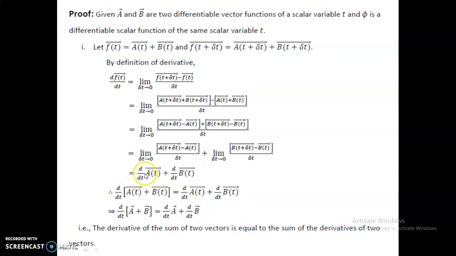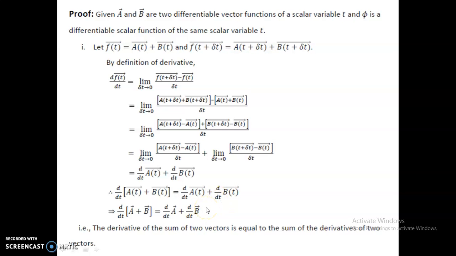And that means what? This f of t is a of t plus b of t. So the differentiation of the sum of two vector functions with respect to t is the differentiation of the first vector function with respect to t plus the differentiation of the second vector function with respect to t.